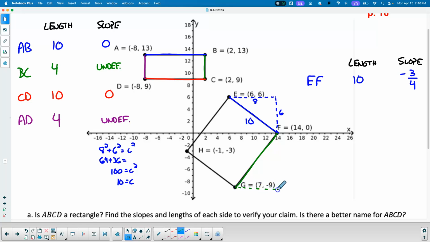This one, then. So we went 7 here and 9 there. So 7 squared plus 9 squared is C squared. 49 plus 81. So that's going to be 130.